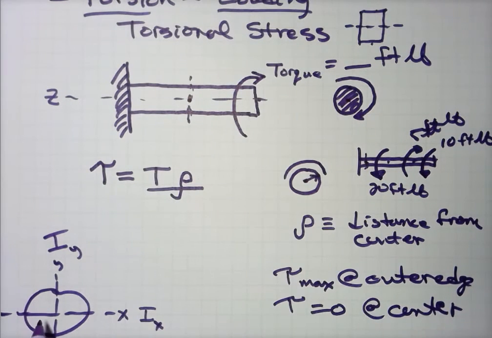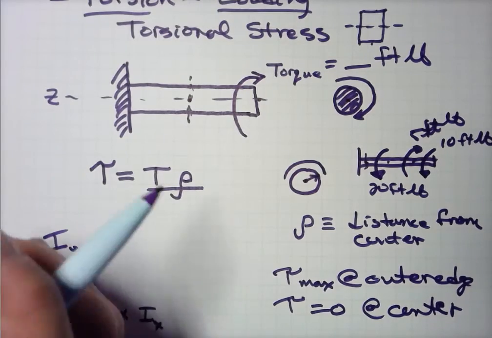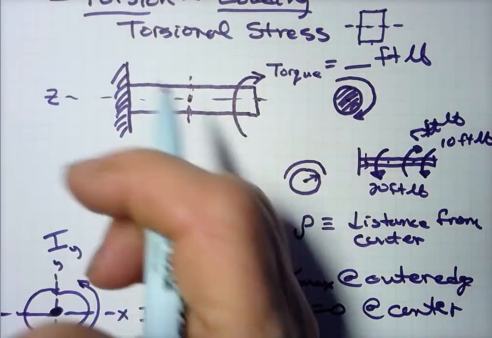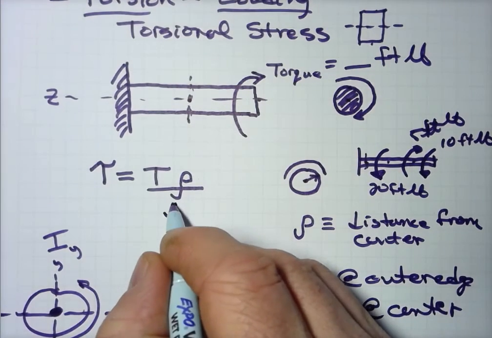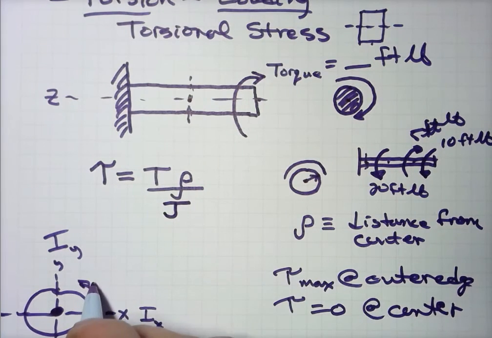But for torsion, we're not talking about a torque about the x-axis or the y-axis. We're talking about a torque about the z-axis, the axis that comes out of the paper. You wrap your thumb around there, you've got a little right-hand rule going on. So we're looking for the moment of inertia about the z-axis. It has its own name and its own symbol. It is the polar moment of inertia.